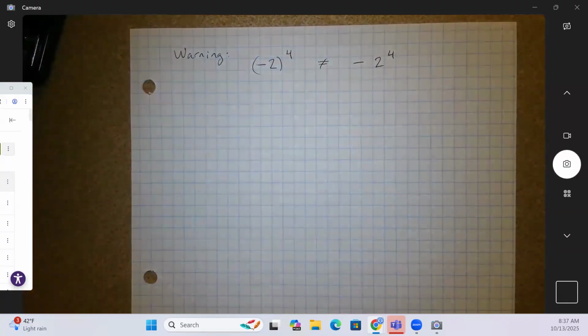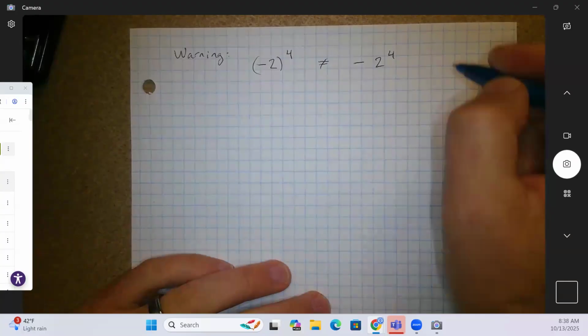So again, that sounded like I said the exact same thing, and that's why our notation is super important. If your negative is inside of parentheses, it's not the same thing as if there is no parentheses, because of PEMDAS.